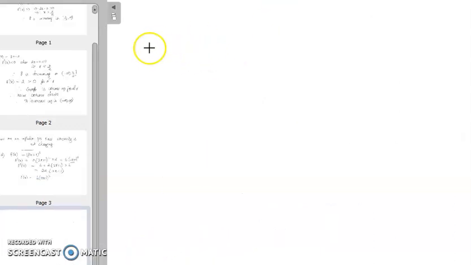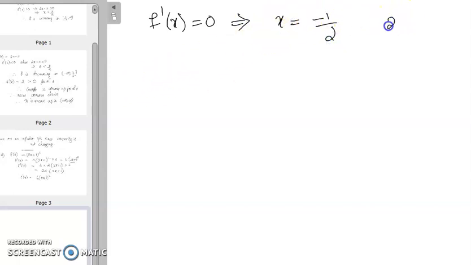So f dash of x is equal to 0 when 2x plus 1 equals 0.